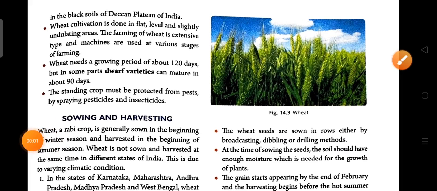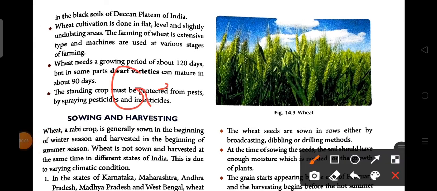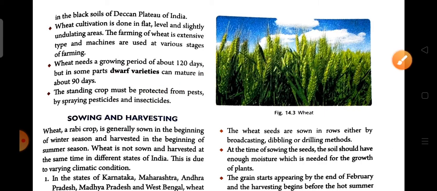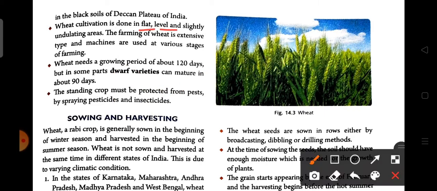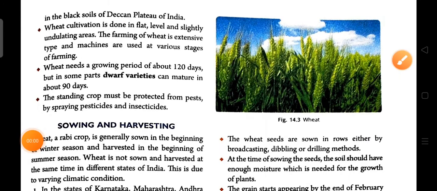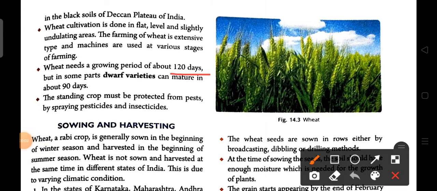Now the geographical condition that prefers the growth of wheat cultivation is flat and level land, flat, level and slightly undulating. Wheat needs a growing period of 120 days.